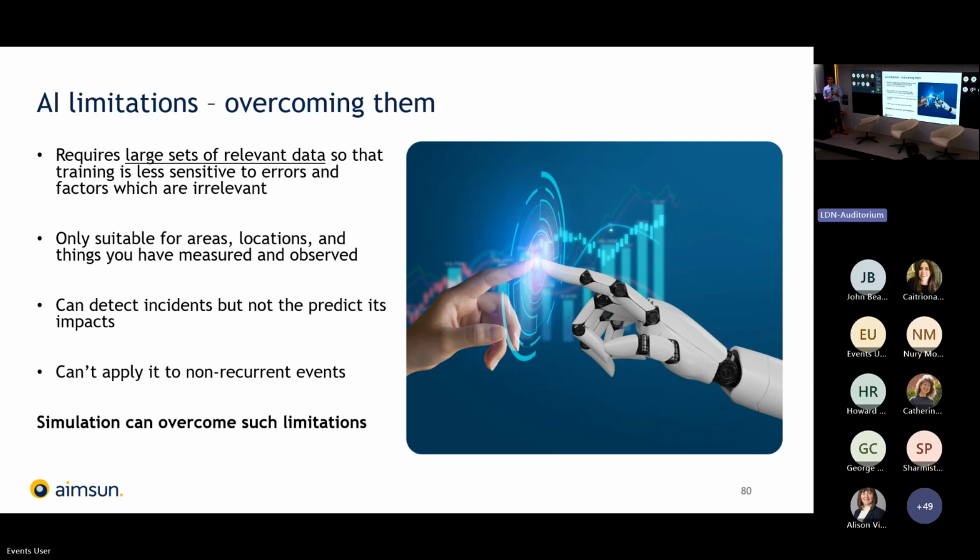It's only really suitable for locations where you have measured things and those events have been observed. So they're not really as valuable to understand or predict how non-recurrent events might behave, or how the reality might play out.